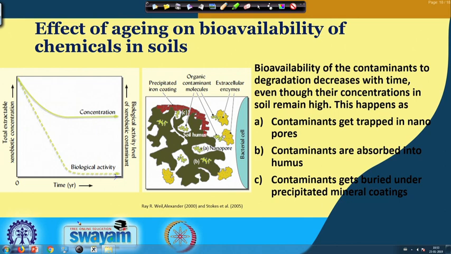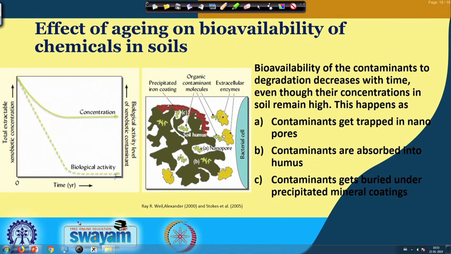In other words, bioavailability of the contaminants to degradation decreases with time, even though their concentration in soil remains high, and this happens as the contaminants get trapped in the nanopores, absorbed into the humus, or buried under the precipitated mineral coating.